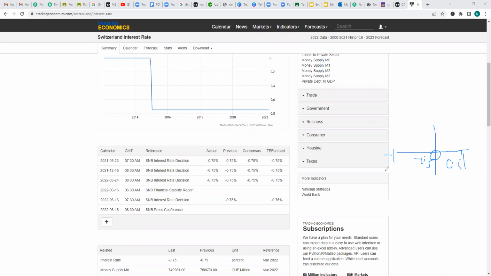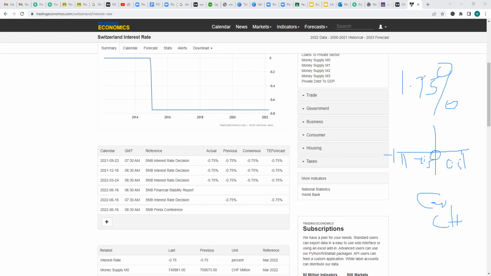So minus 0.75 is between here, half of this and this. So from 1 to this one, this is 1.5, 1.75, guys. That is the difference between the interest rate on CAD and that of CHF.